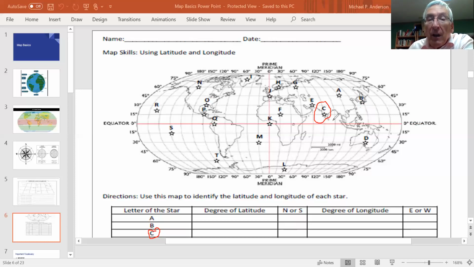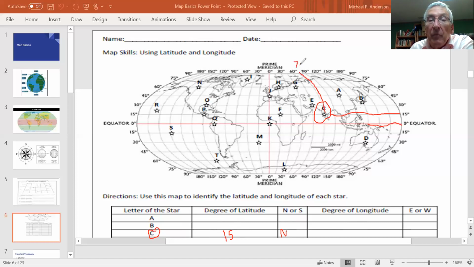So we do the latitude first. We go across the grid line. It's 15 degrees. Is it north or south of the equator? It's north, so we put 15 degrees north. Let's find a longitude line. Here's the longitude line. It goes up right here between 60 and 90.